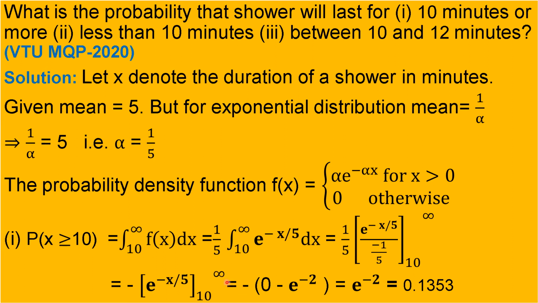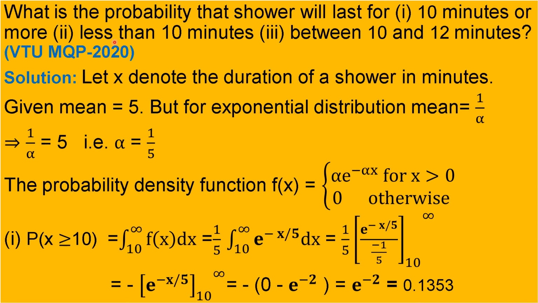So minus: putting x as infinity, e power minus infinity is 0, minus, putting x as 10, e power minus 10 by 5 is e power minus 2. So minus of minus will be plus e power minus 2, which is 0.1353. The probability that the shower will last for 10 or more minutes is 0.1353.